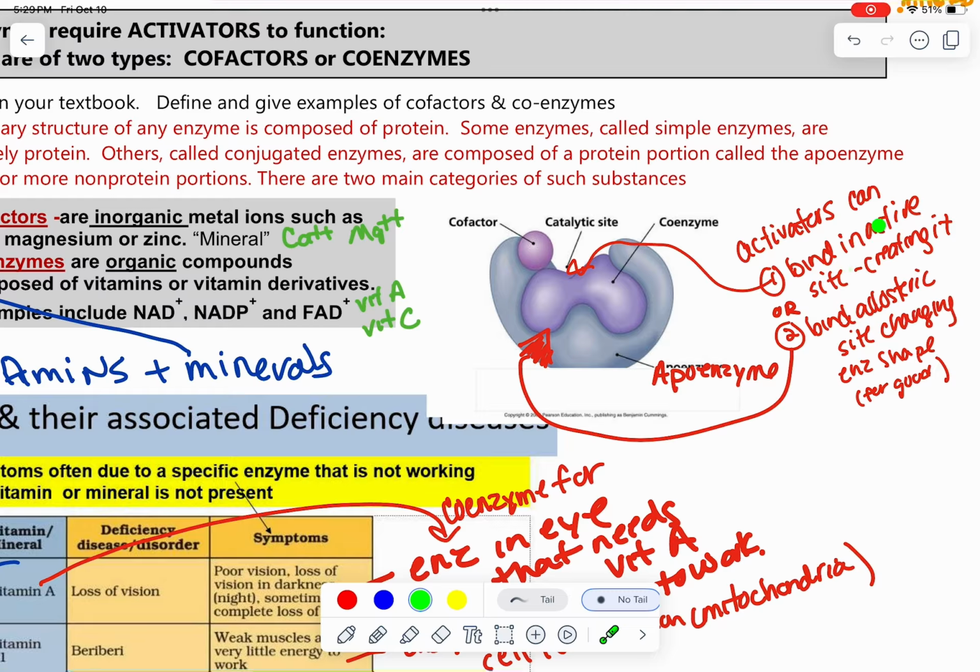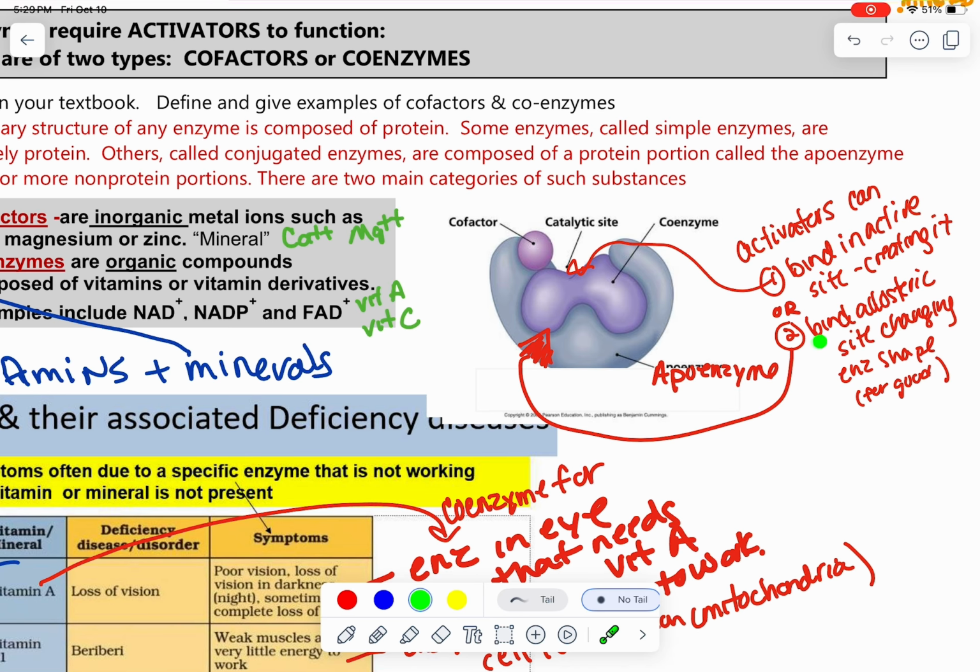So you'll notice here two things. Activators, this picture is showing them binding in the active site. So they're kind of creating the correct active site. Some cofactors and coenzymes, or some activators, are not allosteric. They're binding in the active site, but they're helping to shape the active site correctly so it can work.